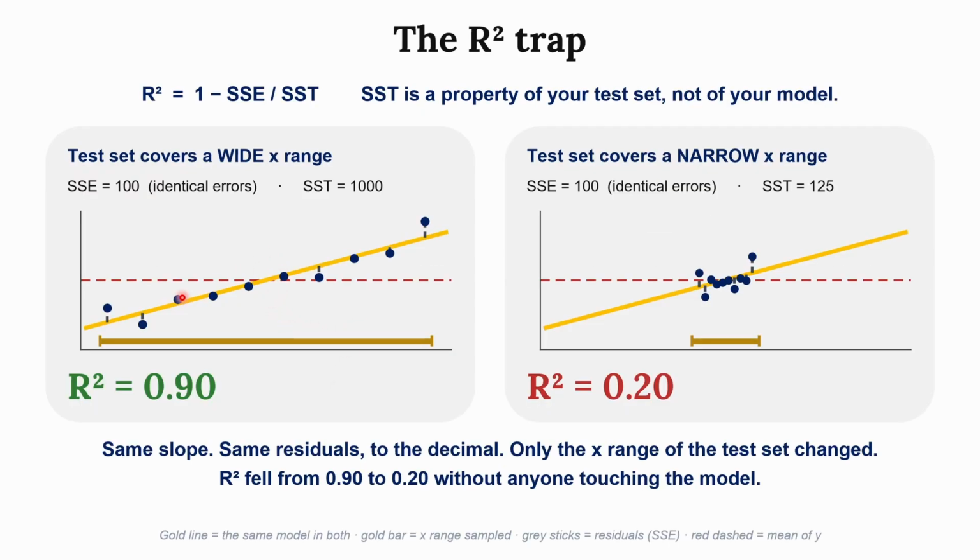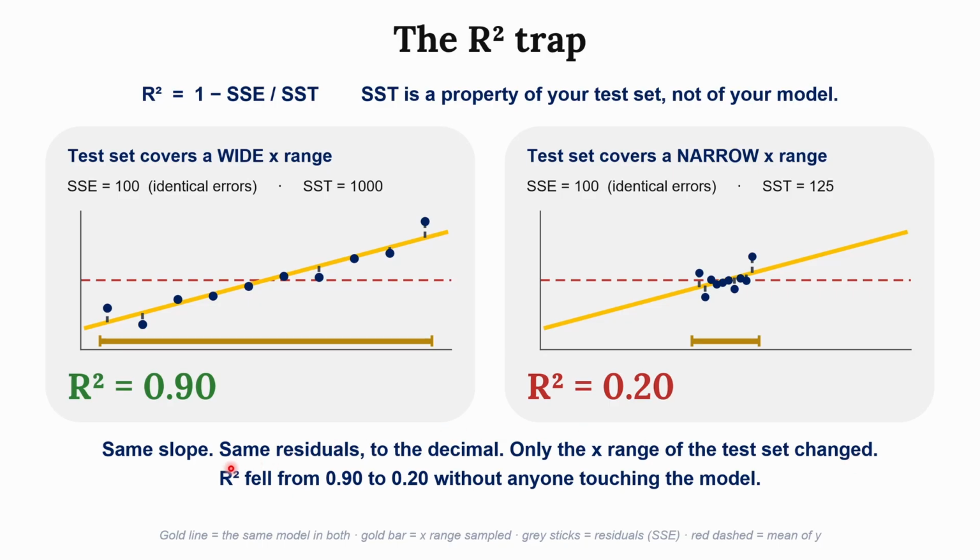Imagine this case where you have a large spread but the same errors as a smaller spread. The R squared here would be like 0.9 and the R squared here will be 0.2. Same slope, same residuals to the decimal, only the range of the test set changed.